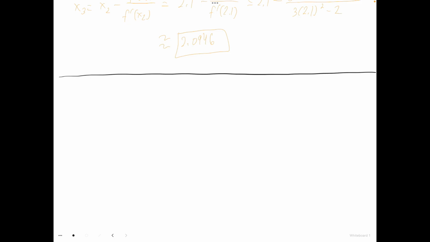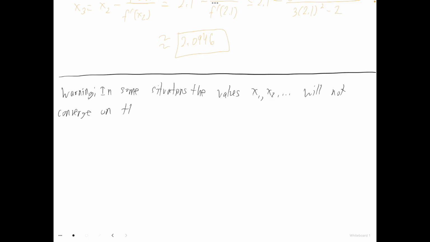And so, just as a warning, in some situations the values x sub 1, x sub 2, and so on will not converge on the value r. And so this then means that if it's not converging on it, you need to pick a better x sub 1.